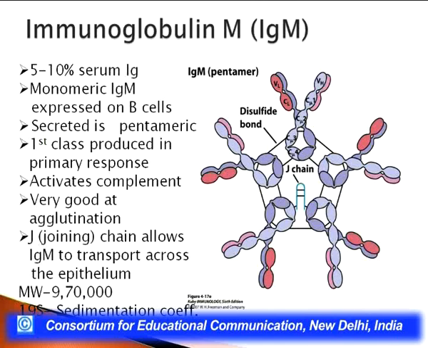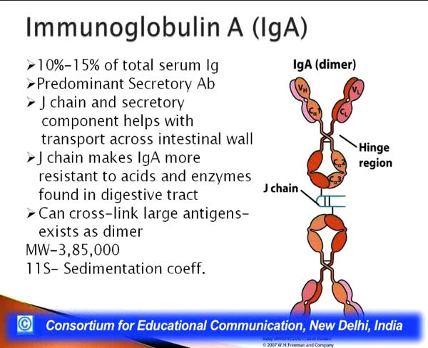So, we must remember IgM is a pentameric antibody. It is produced in the primary response against an antigen, it activates complement and it is present at a concentration of 5 to 10% of the serum immunoglobulins.